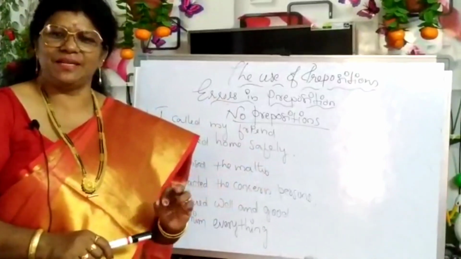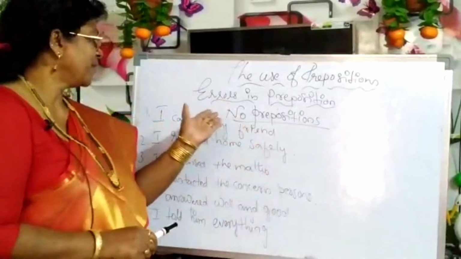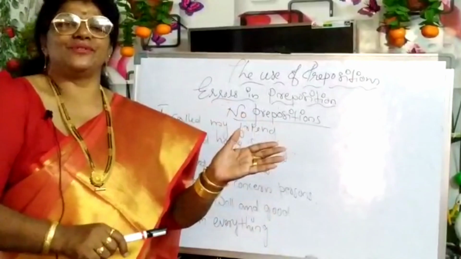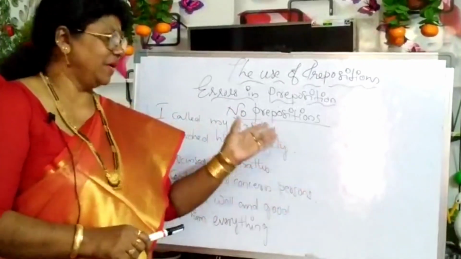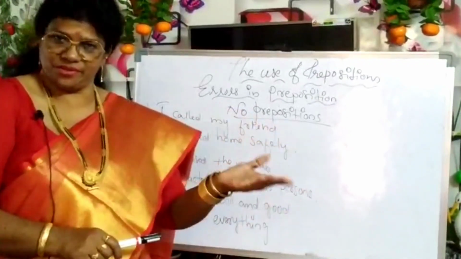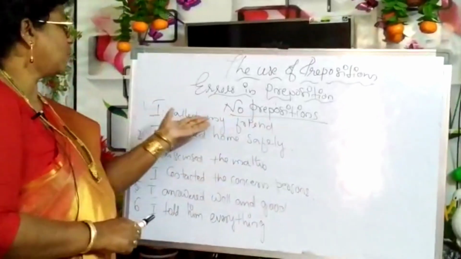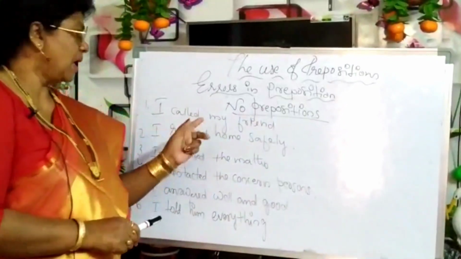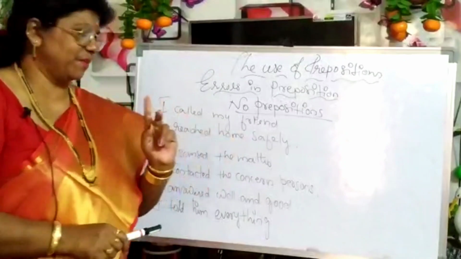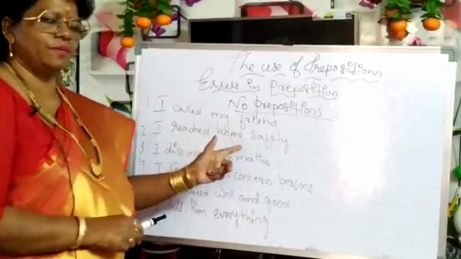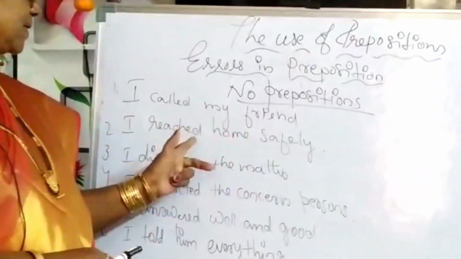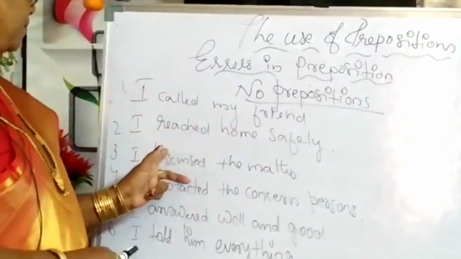Last but not least. Okay? Wherever no prepositions, we are using no prepositions. I called my friend. After called, we are not supposed to use any prepositions. I reached home safely. After reached, no prepositions.